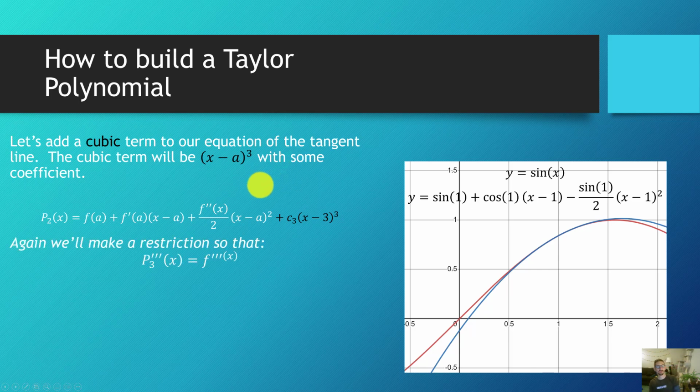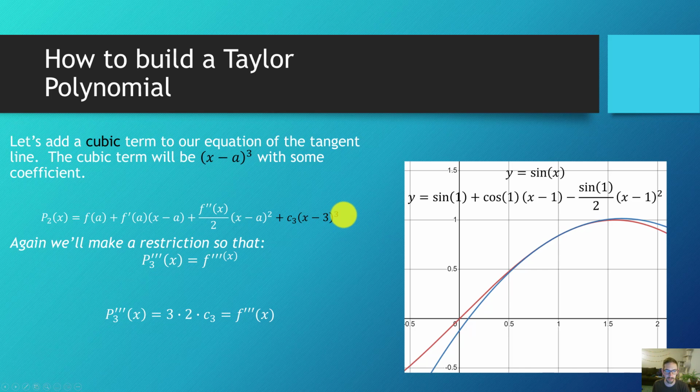Again, we'll make a restriction so that the third derivative of our approximating polynomial will be the third derivative of f. So the rate of change of the rate of change of the rate of change will be the same. If we take the derivative of this, everything that's less than degree 3 will go to 0 after we take 3 derivatives. So we're only focusing on this part that I highlighted in black here.